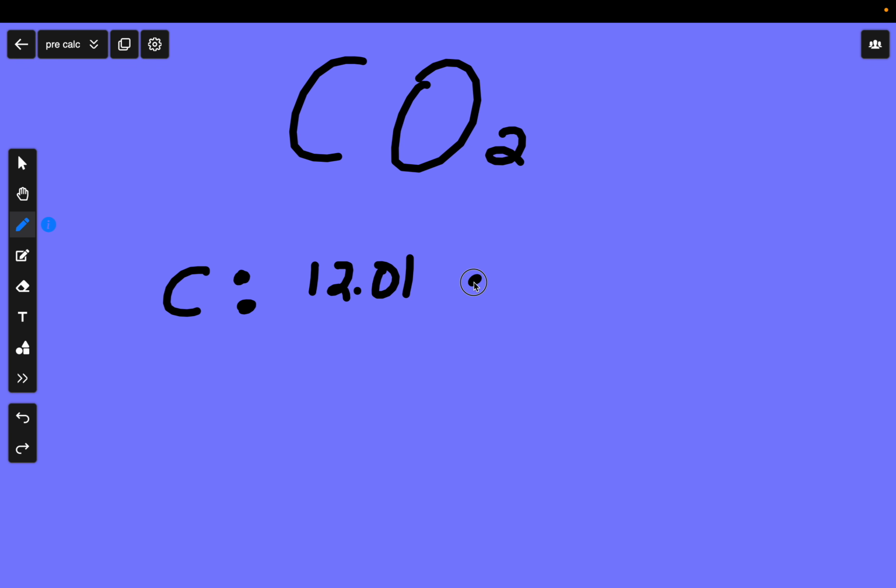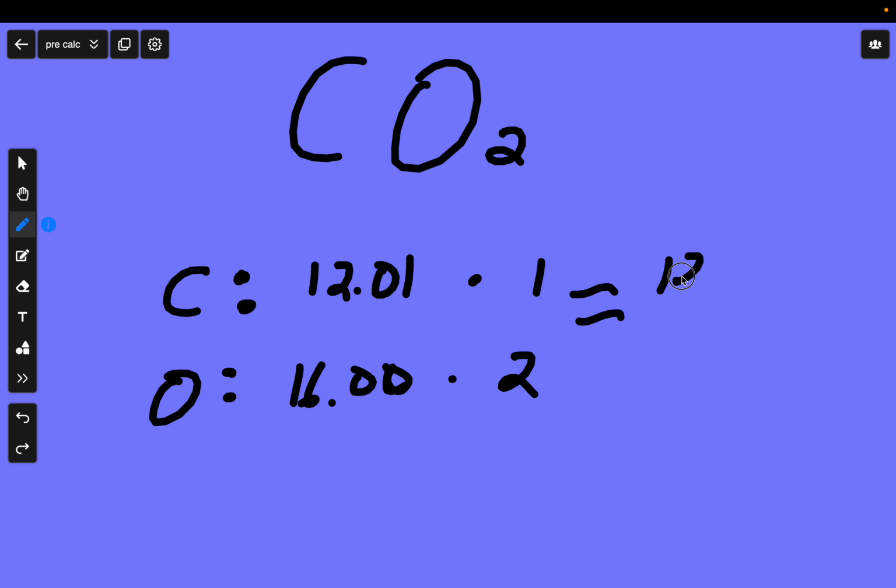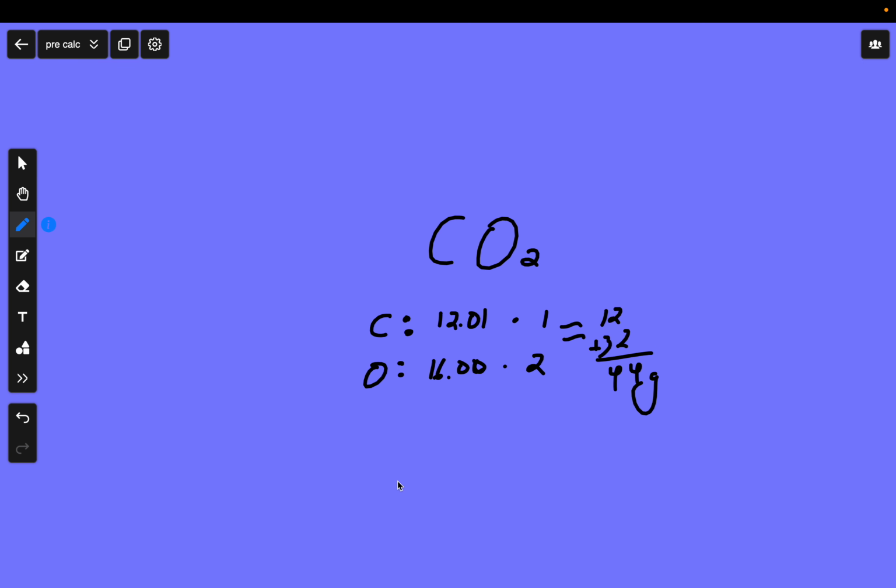So 12.01 times 1, and then oxygen we have 16.00 times 2. I'm just going to round, so I apologize if I'm off. So it'd be 12 plus 16 plus 16 is 32, right? Yeah, 32. So it's going to be around 44 grams. That's its molar mass.